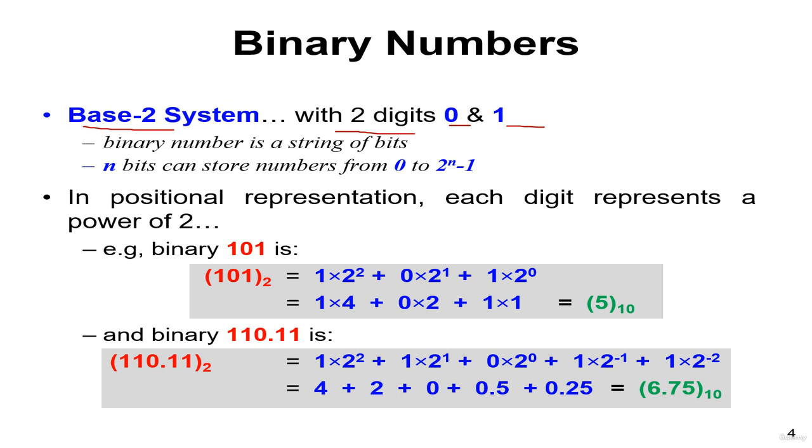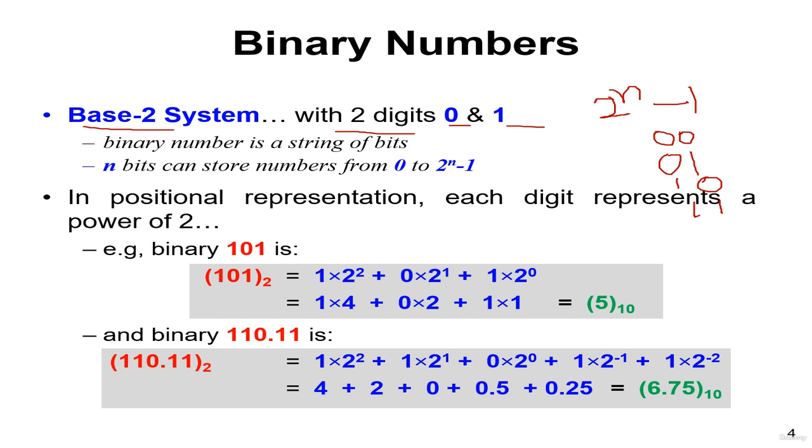So let's say if we have a 2-bit number, it can store values up to 2 raised to the power n minus 1. If we have a 2-bit number, it can store 00, 01, 10, and 11. So what is 2^n?